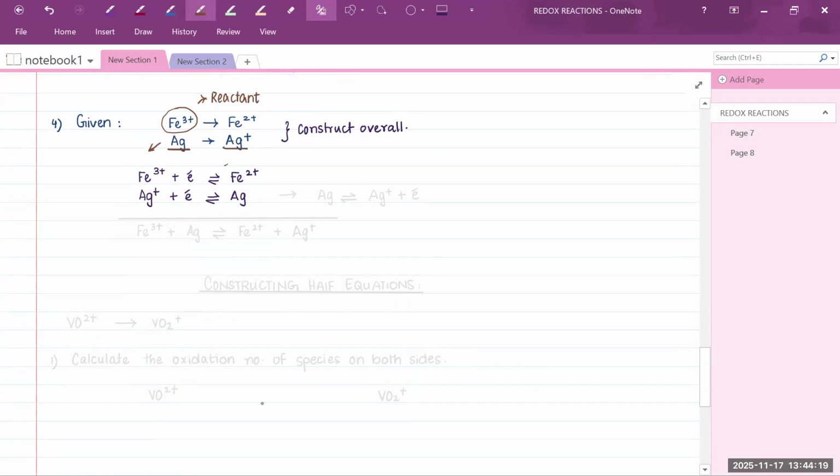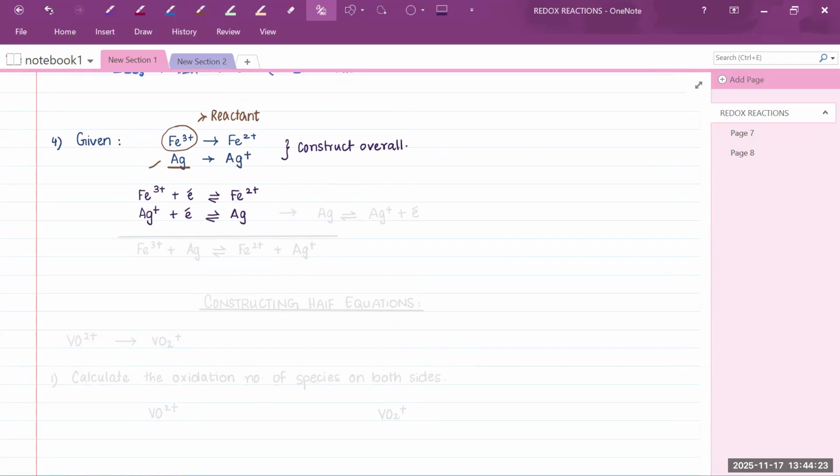But in this equation we can see that Ag+ is on the reactant side, so we'll have to flip the equation. Also, if we don't flip the equation, you can see that this equation is a reduction, right? Plus 3 to plus 2, what is it? Reduction.